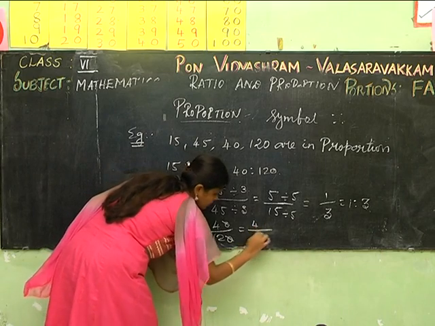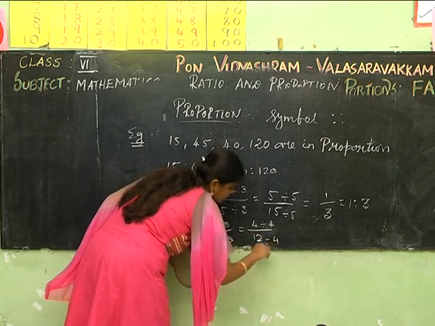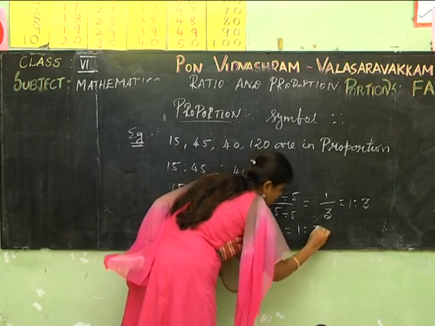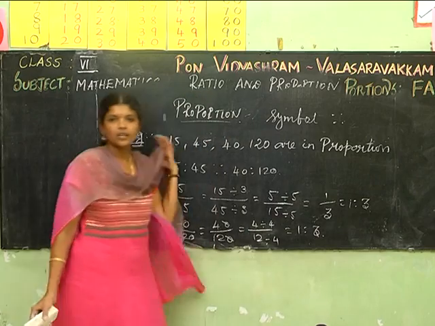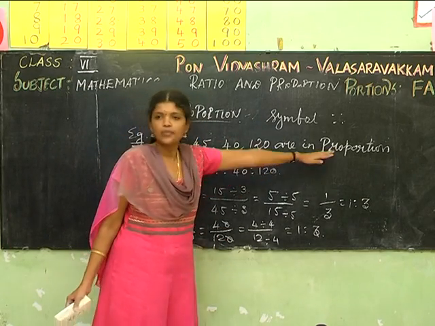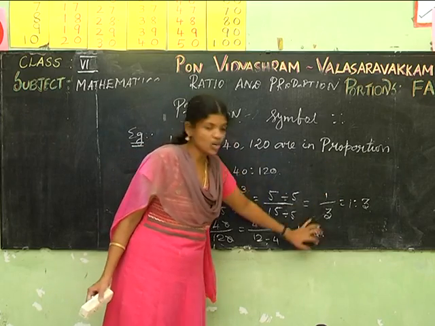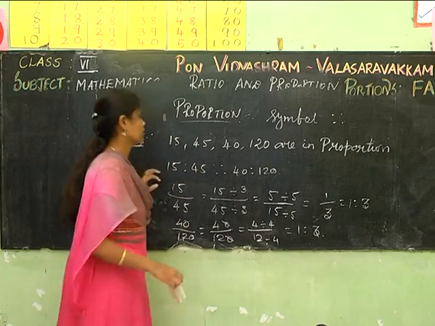Now you can divide this in the 4 table itself. So your answer is 1:3. See, both ratios are equivalent. So we can say these numbers are in proportion. If the ratios are not equal, we can say it is not in proportion.